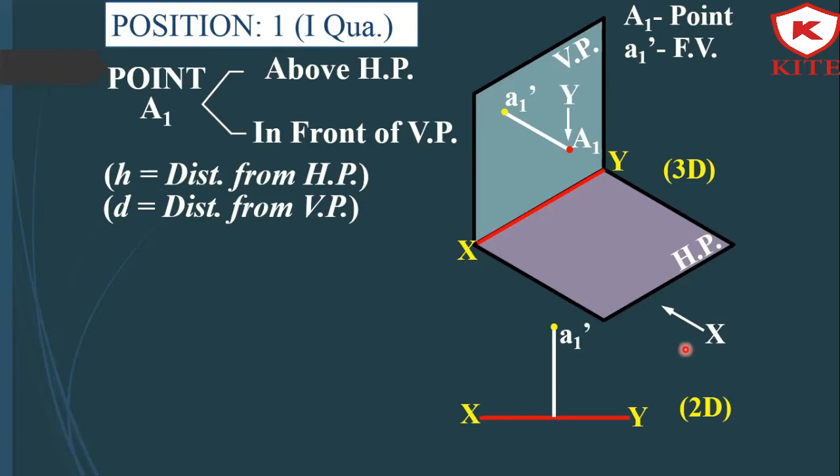From the Y direction, we get our top view, in HP, which is a1. In the 2-dimensional view, a1 is drawn below the XY line.